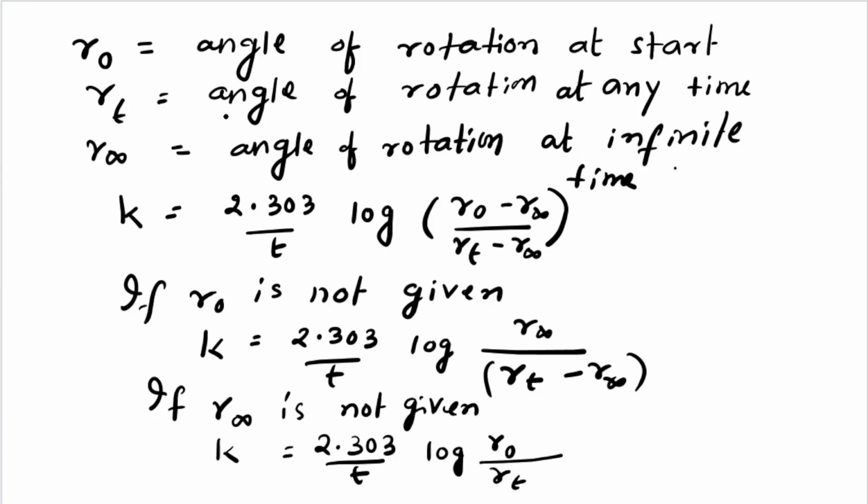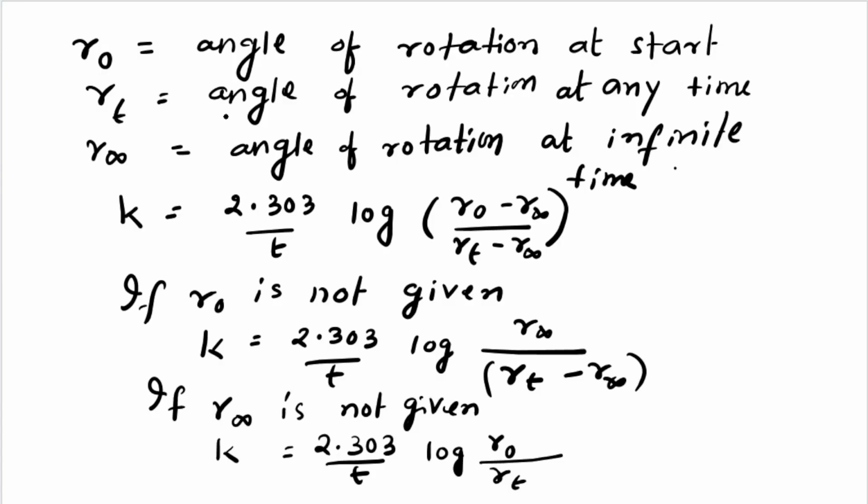Then k = (2.303/t) log (R0 - R∞)/(Rt - R∞) becomes k = (2.303/t) log R∞/(Rt - R∞), because R0 is not given. If R∞ is not given, then that value should be put as 0. Then above it becomes R0 by Rt. Then what is the conclusion?